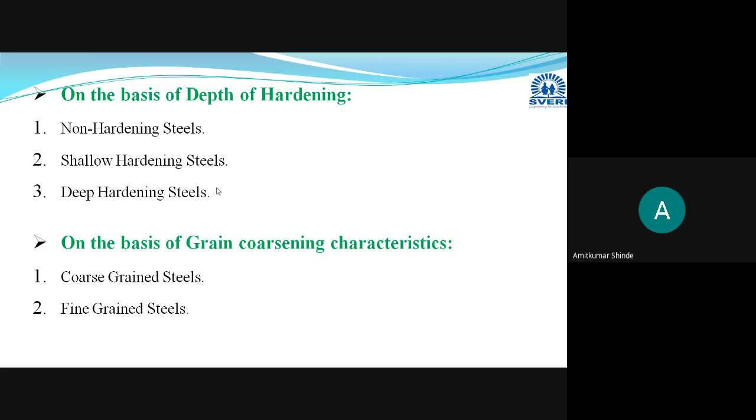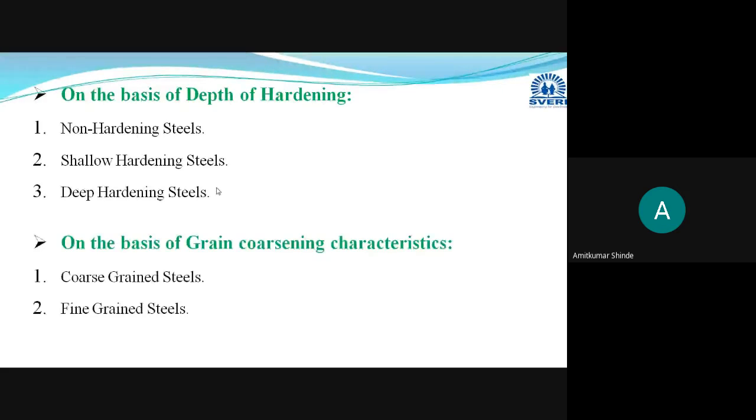Now you start the heating, and as the temperature continuously rises, there will be changes in the grain size. When the grain size increases by a large amount, that effect is termed grain coarsening.